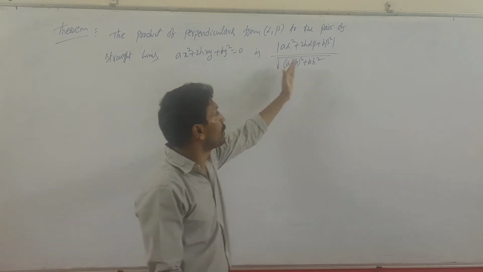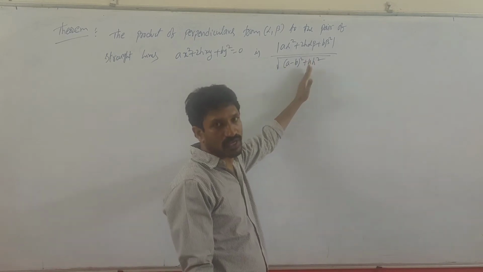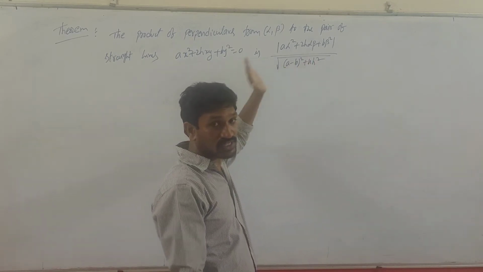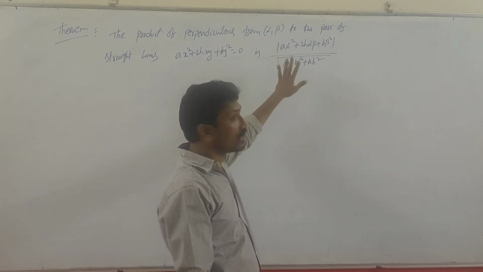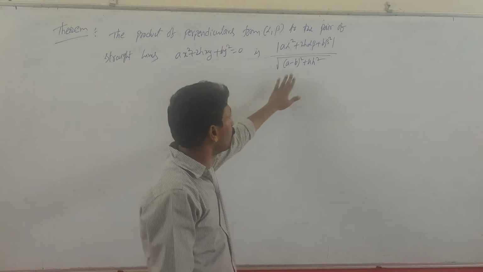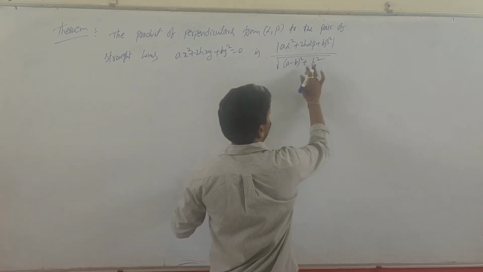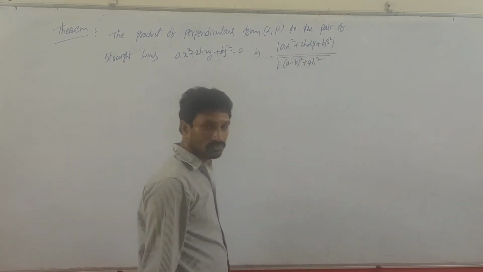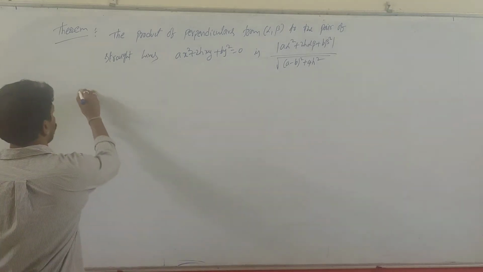The denominator is root over (a − b)² + 4h². That is the sin theta cos theta in angles. We have this denominator, so you can remember it easily. This is 4h². Okay, now see the proof.